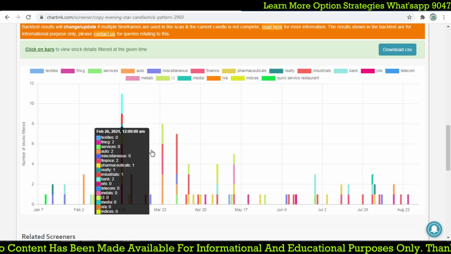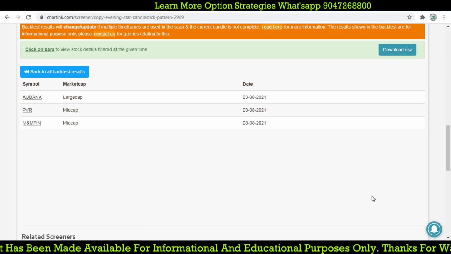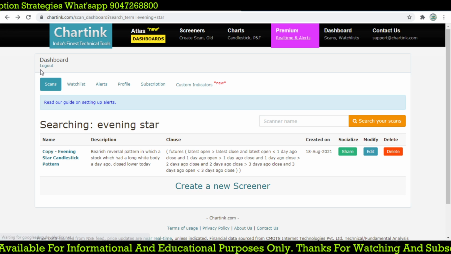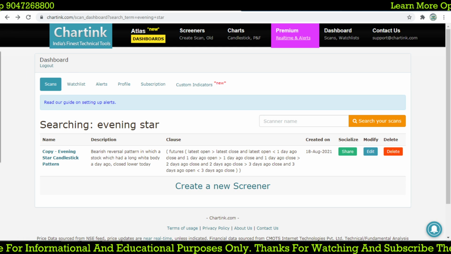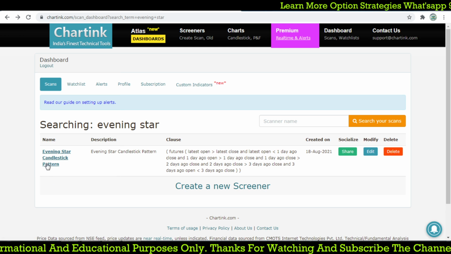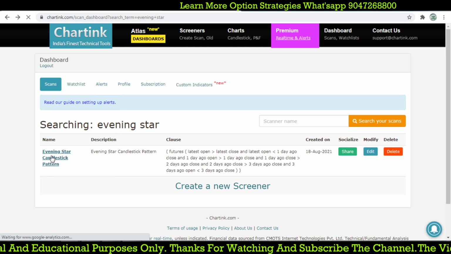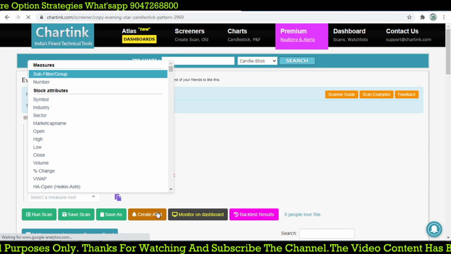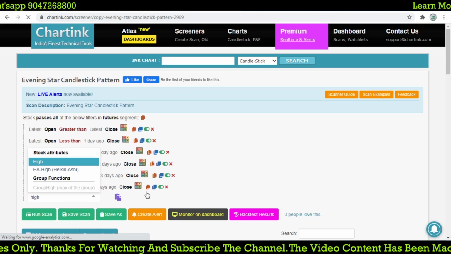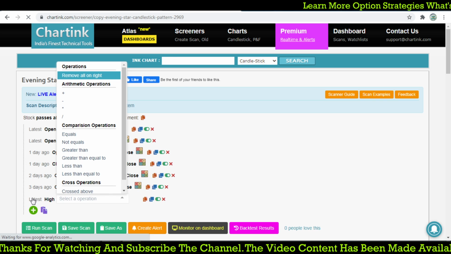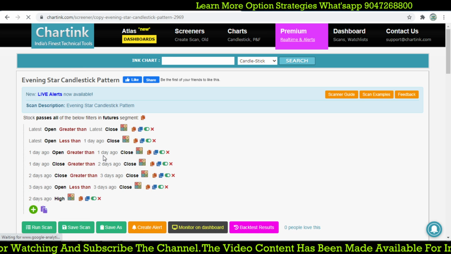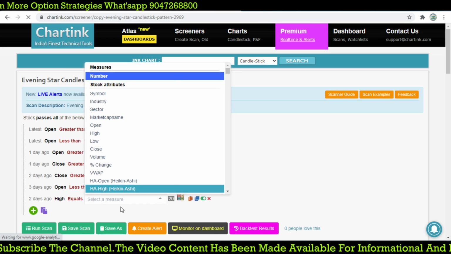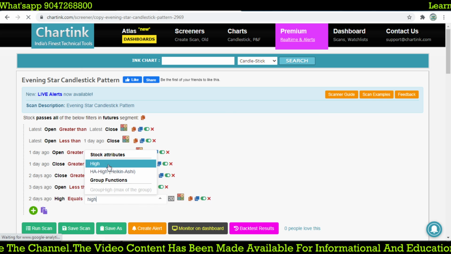I'm going to apply a lot of filters, where a lot of stocks form this kind of pattern. But what I'm going to do is always expect the one which happens at the highest level of the day. To create that, the high of two days ago equals the high of one month, monthly.